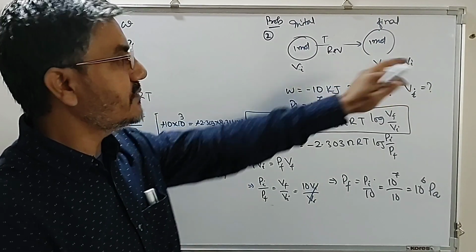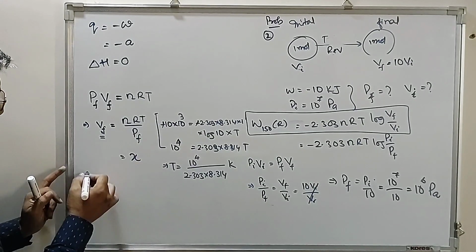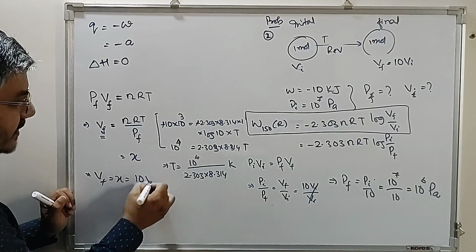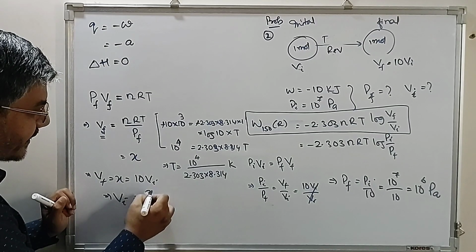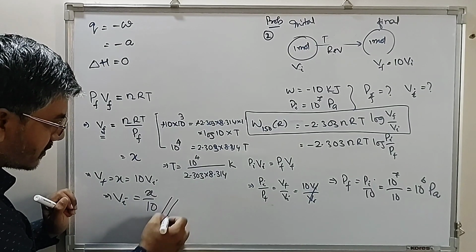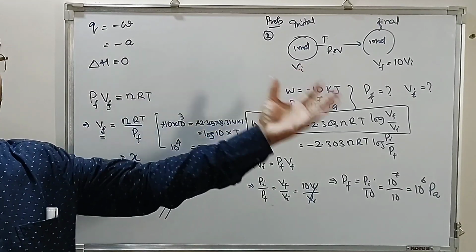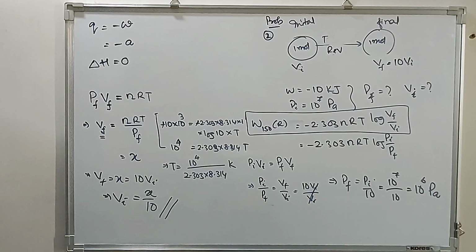Vf is equals to 10 times Vi. So let's suppose Vf is equals to x, that is 10 times Vi. So therefore Vi is equals to x by 10. So this is how we define the initial volume, provided we know the conditions in which the process is taking place.